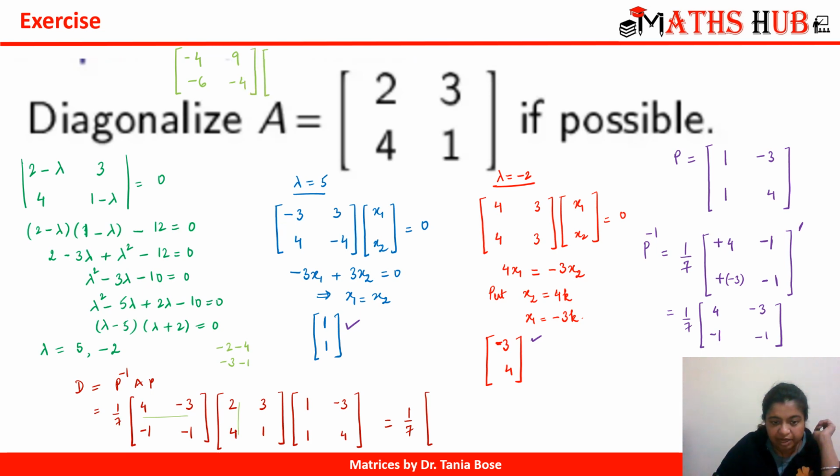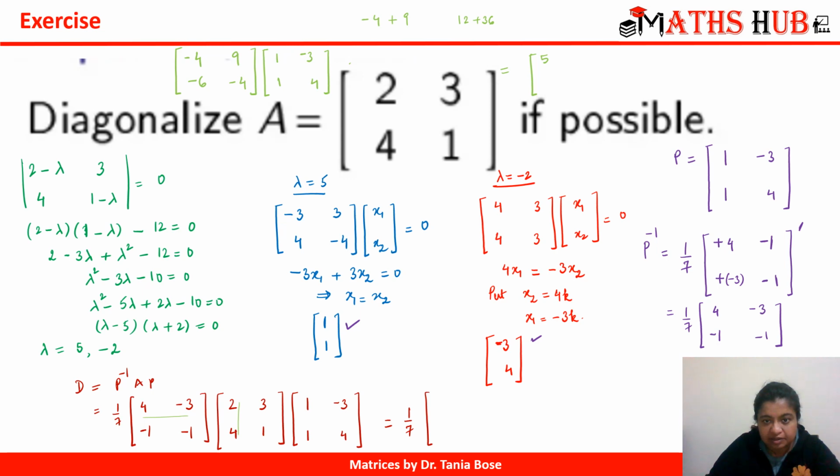And then we multiply with 1, minus 3, 1 and 4. So that is giving rise to minus 4 into 1 is minus 4 plus 9. So that becomes 5. Then we have minus 4 and minus 3, 12 plus 36.